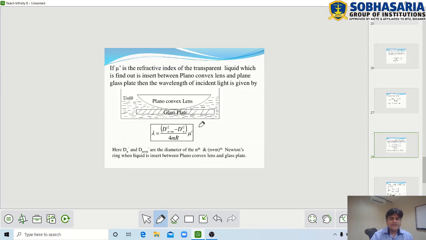Here mu dash is the refractive index of the transparent liquid and D dash n is the diameter of the nth dark Newton ring when we insert the liquid between the plano convex lens and the plain glass plate.